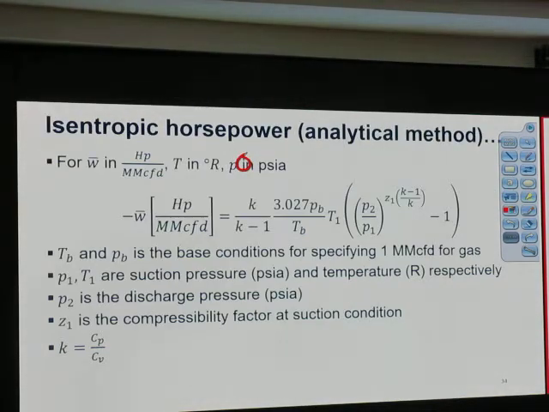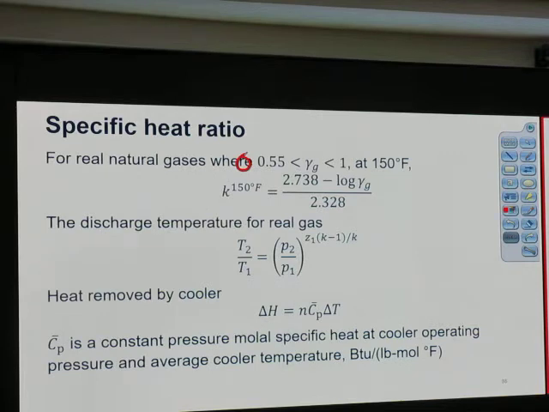I'm sorry, I just keep moving around. I will tell you the slide number. This is slide 36. Temperature ratio is directly proportional to compression ratio.